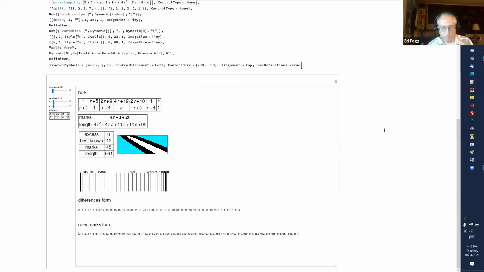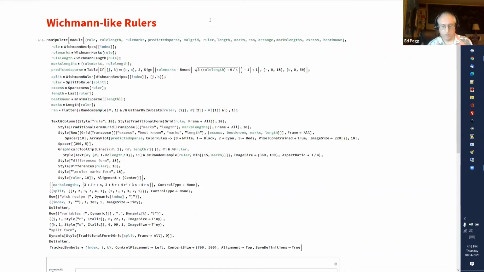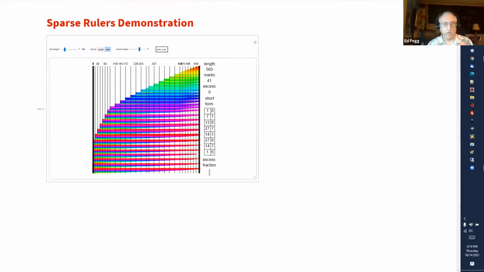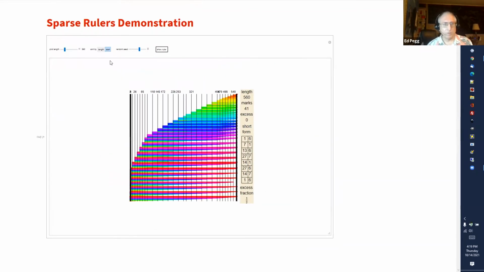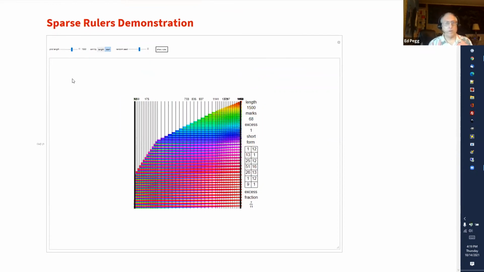I also made this demonstration that shows a few thousand sparse rulers for all lengths.